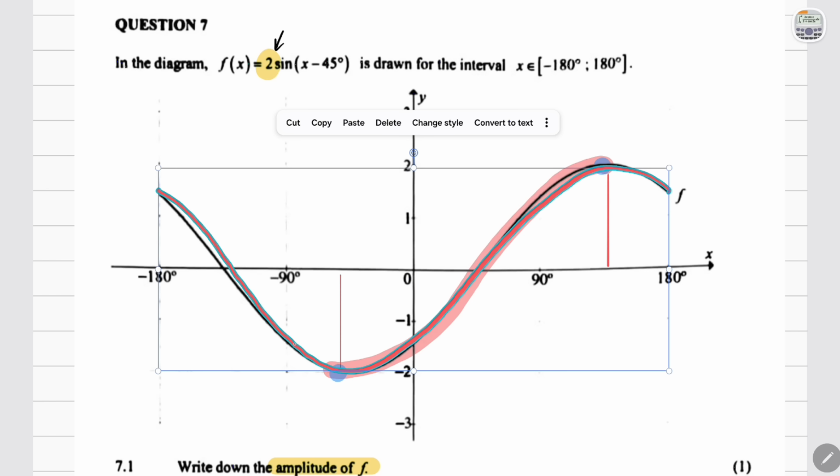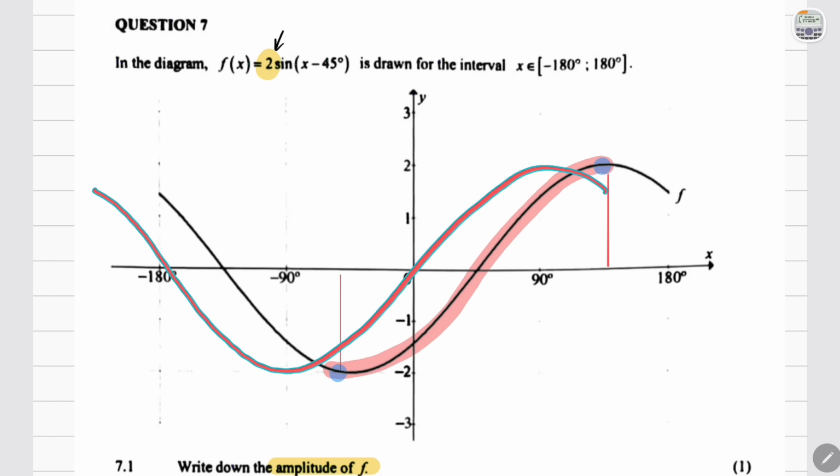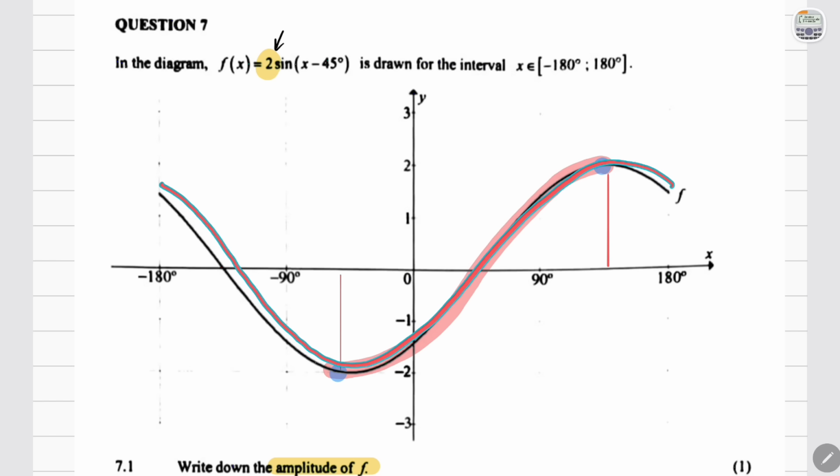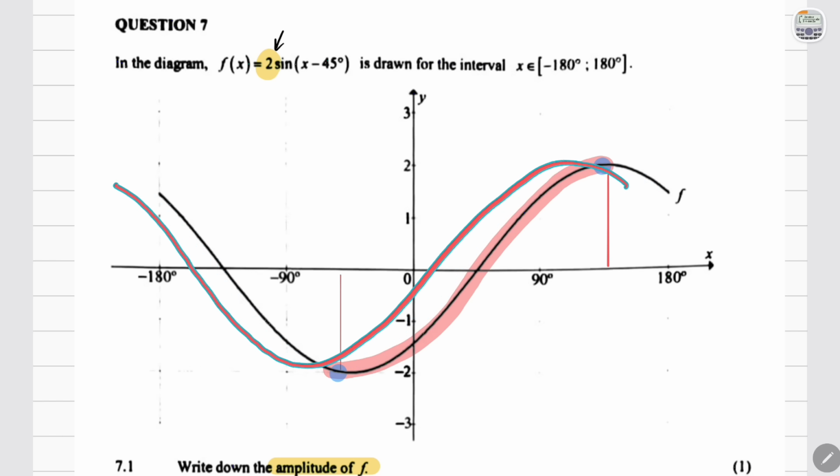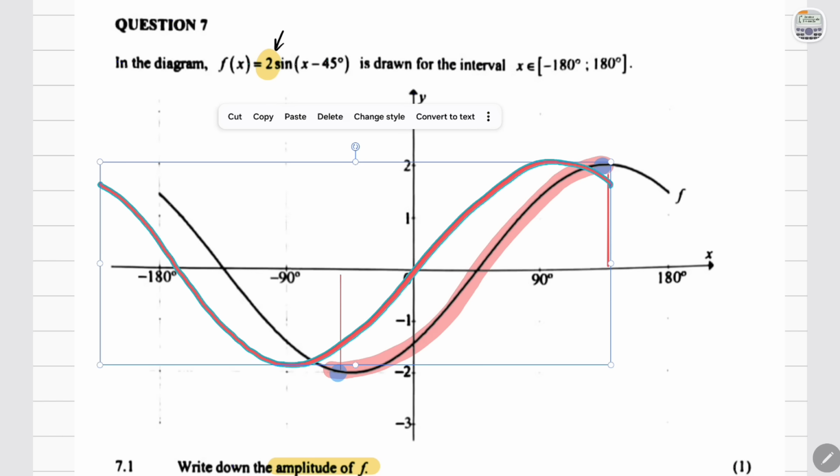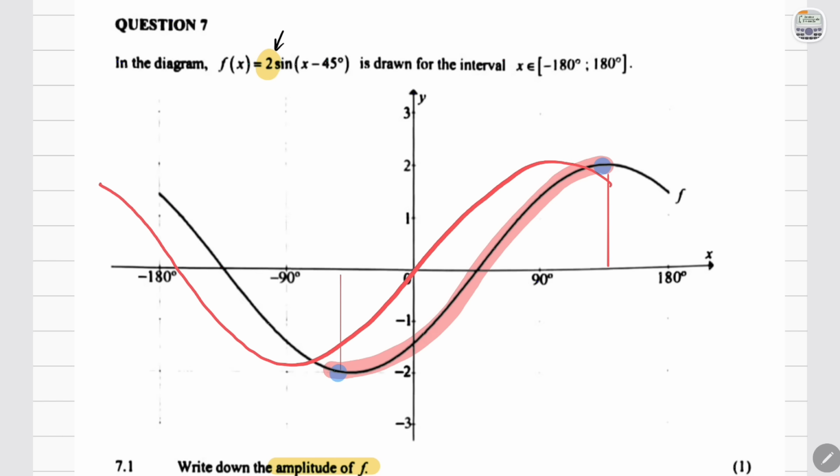Since it was shifted 45 degrees to the right, shift it back 45 degrees to the left. A normal sine graph is naturally supposed to start at 0 here, like this. But then it was here instead, so it was supposed to look like this. Then it was shifted 45 degrees to the right to look like that.